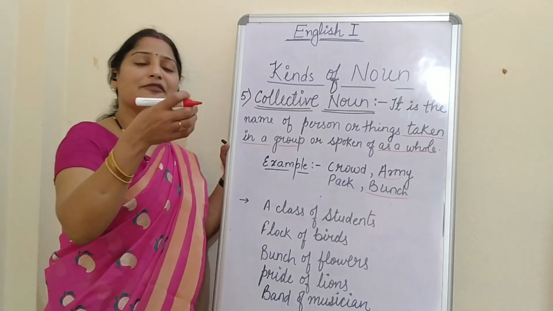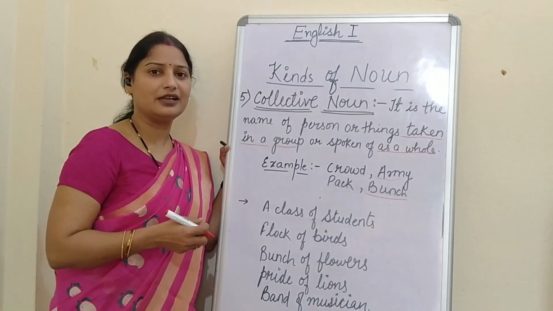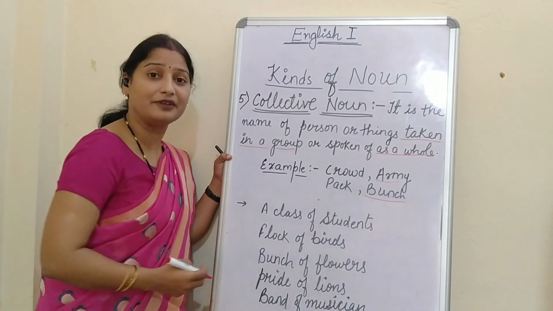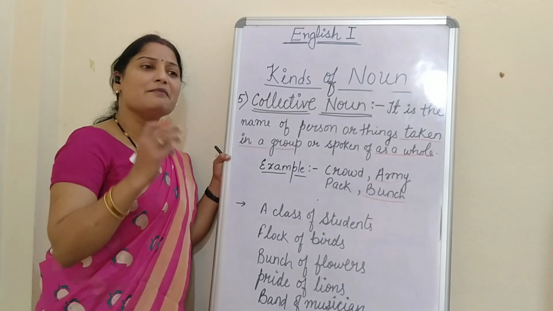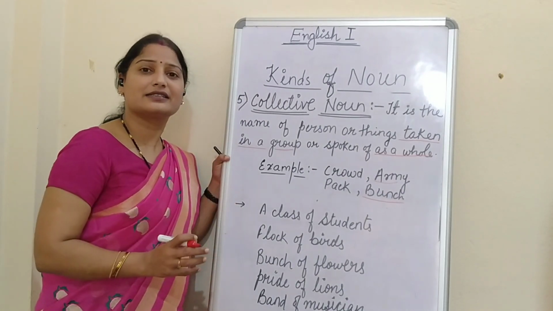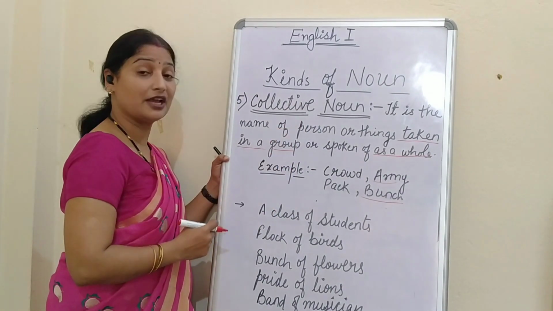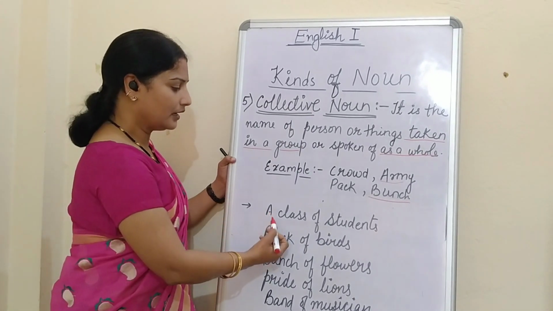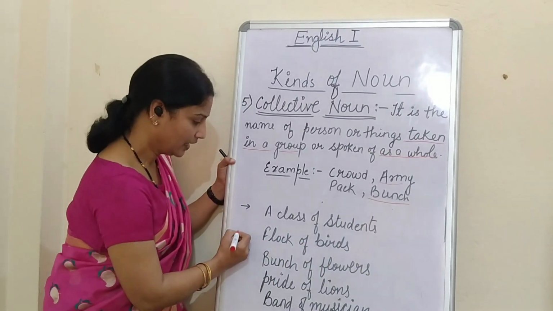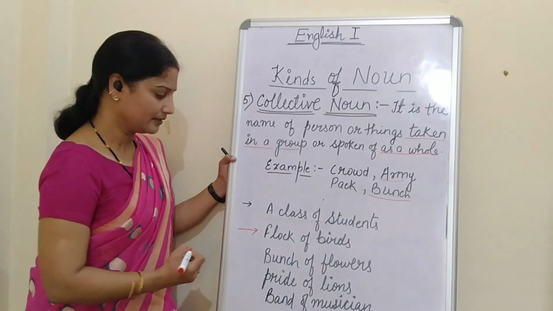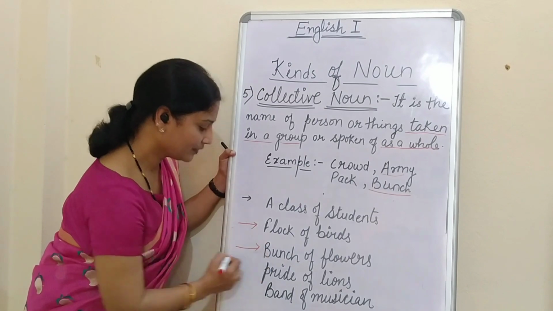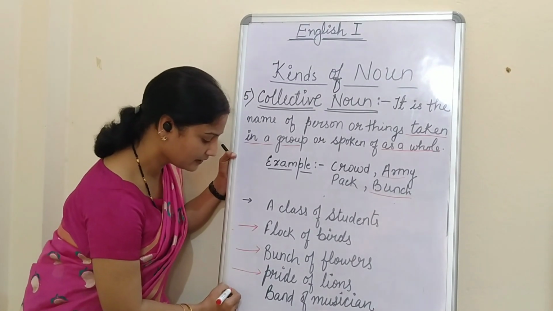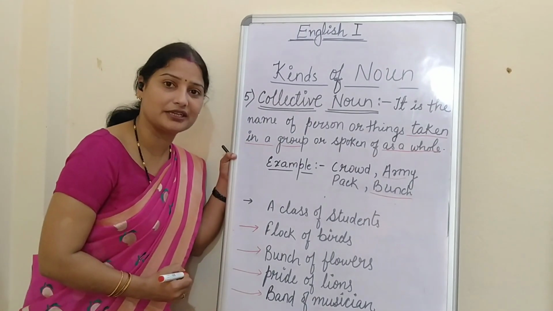Here the flowers are in a collection, and so it is called a bunch of flowers. In the same way, many students in a class represent a collective noun. A few more examples of collective nouns are a class of students, flock of birds, bunch of flowers, pride of lions, and band of musicians.